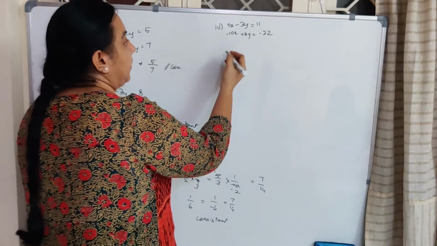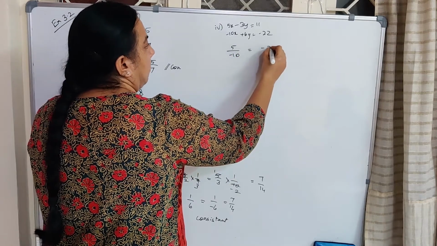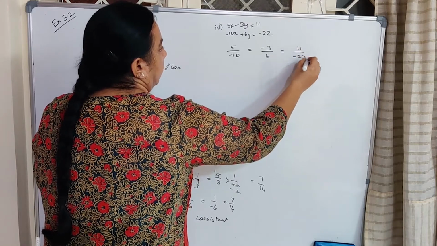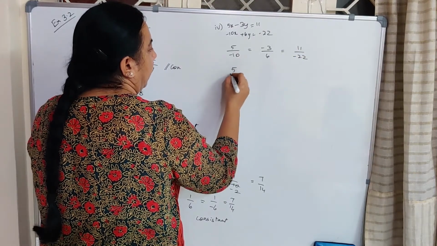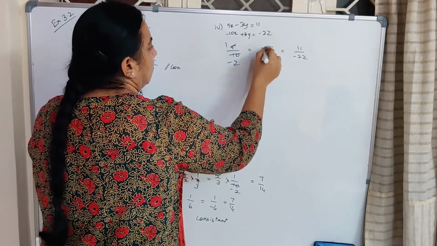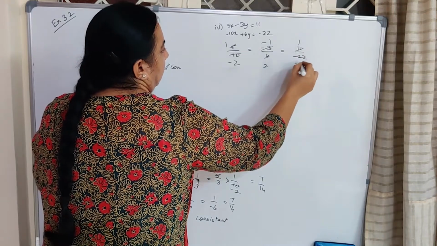When I write the coefficients, I get 5 by minus 10 is equal to minus 3 by 6 is equal to 11 by minus 22. You see, when I simplify, I get 1 by minus 2, 1 by 2, minus 1 by 2, 1 by minus 2.